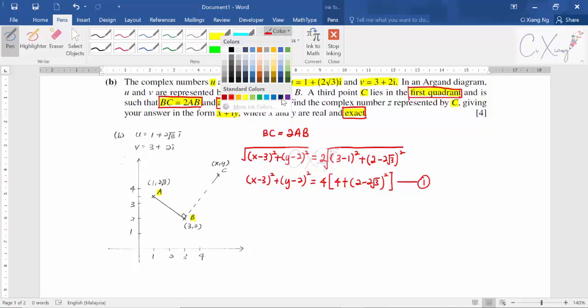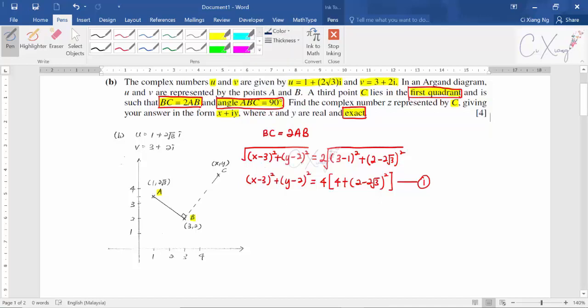All right, so the second equation. Since they tell me that angle ABC is equal to 90 degrees, the gradient of AB multiplied with the gradient of BC, because they are 90 degrees to each other, should be equal to -1. So what is the formula for gradient?